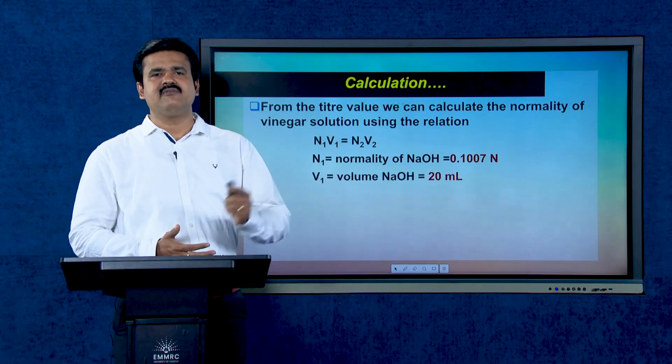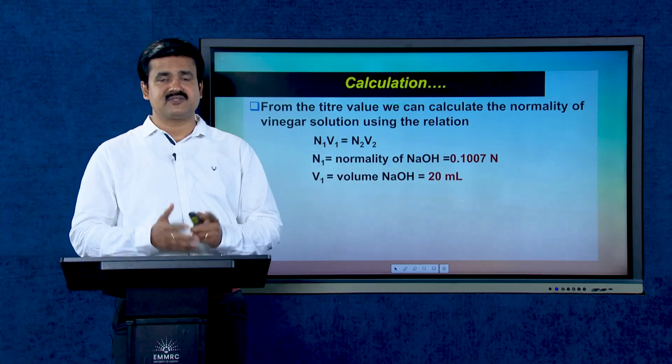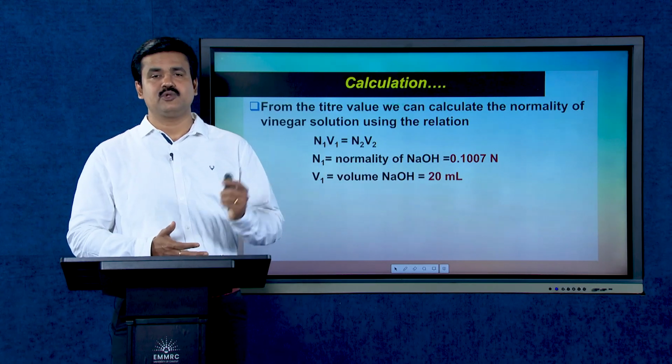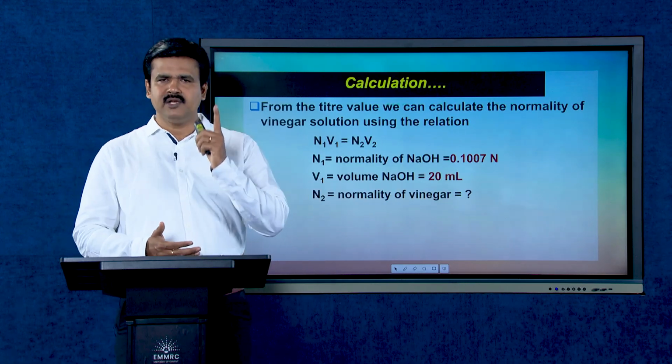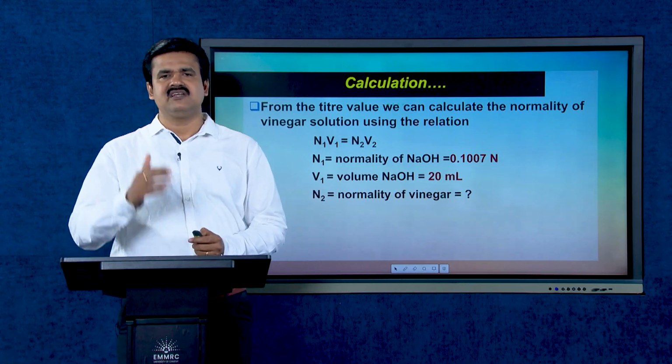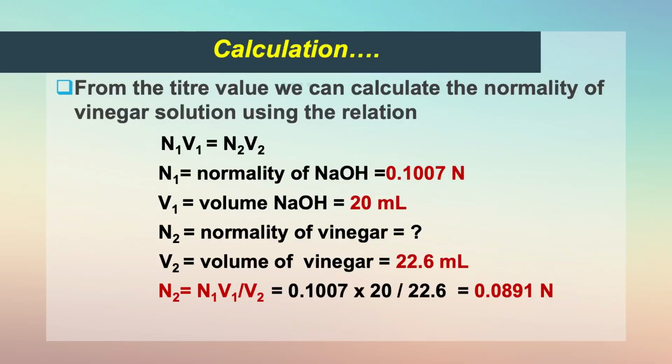V1 represents the volume of NaOH pipetted out, which is equal to 20 ml. N2 represents the normality of the vinegar solution that we are going to find out, and V2 represents the volume of vinegar, the concordant value in the titration, that we got as 22.6.